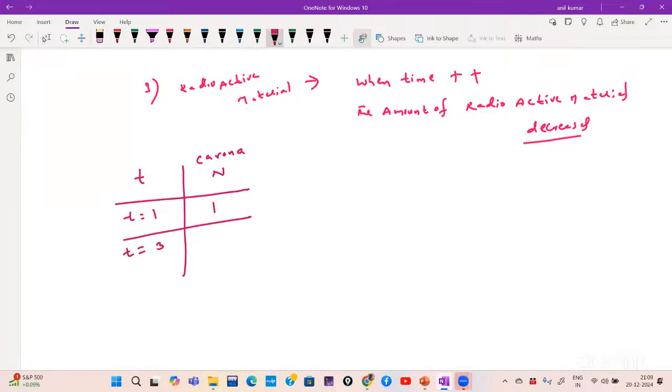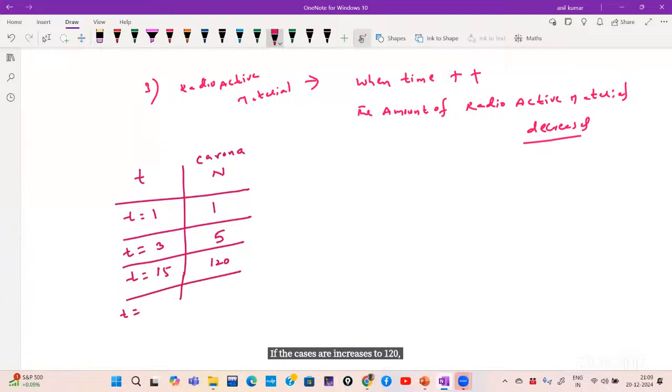After 3 days, suppose the cases increased to 5. After 15 days, the cases increased to 120. And we know how the corona increased after 1 month, 2 months, 6 months, and that led to lockdown.